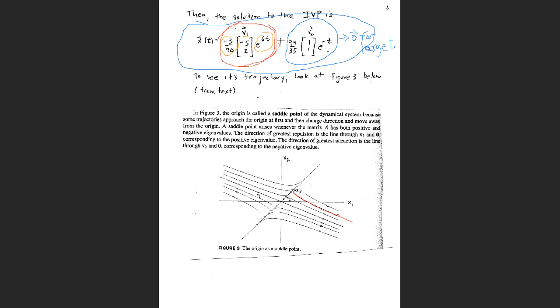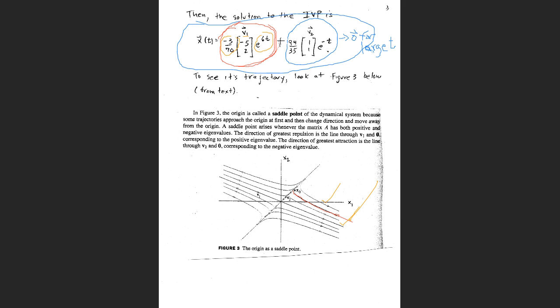So as t gets large, the solution is a multiple of the first eigenvector v1. And that's what this solution here is looking like. And they all look like that.